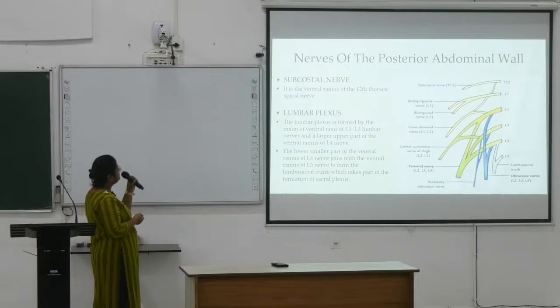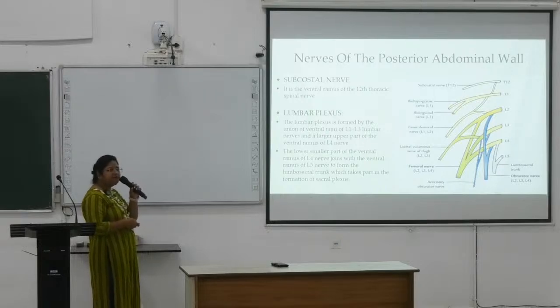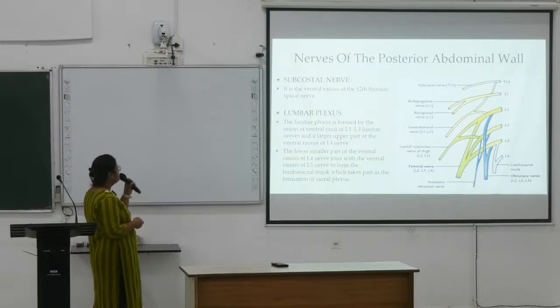Lumbar plexus is formed by the union of ventral rami of L1 to L3 lumbar nerves and a larger upper part of the ventral ramus of L4 here. L1, L2, L3 and the larger part of L4, and the smaller part of L4 is going to join with L5 and other sacral nerves forming the sacral plexus.